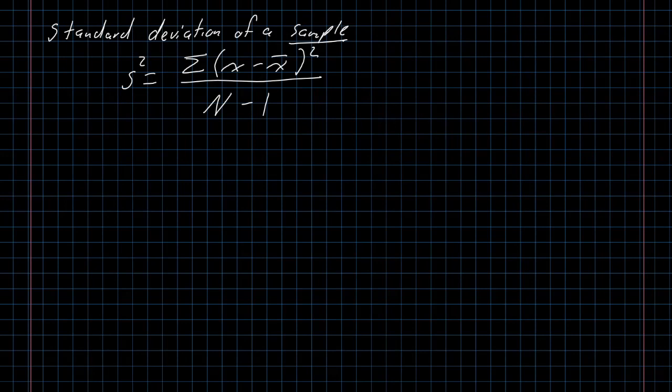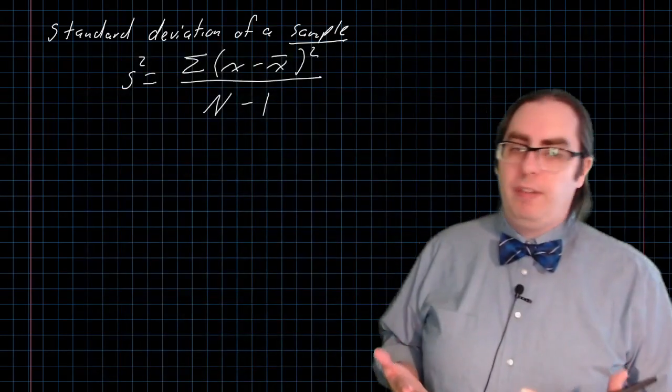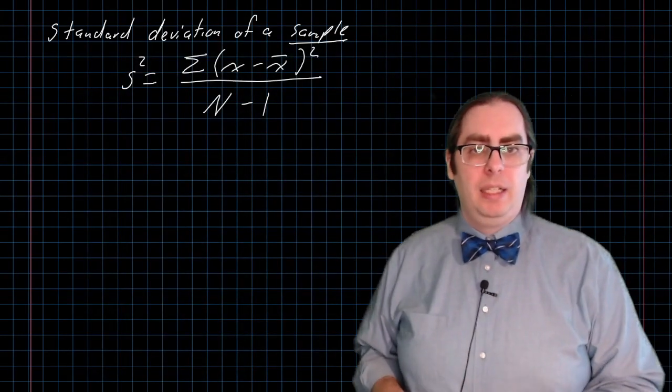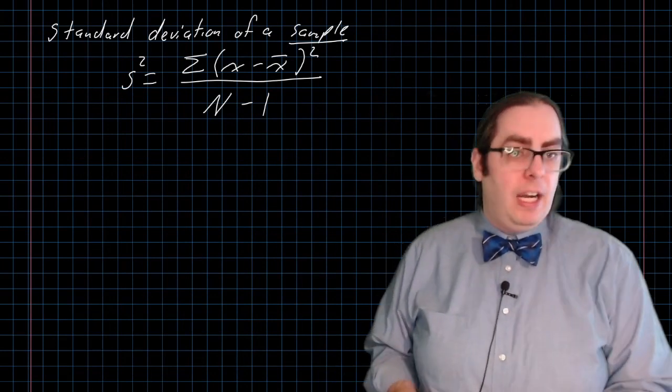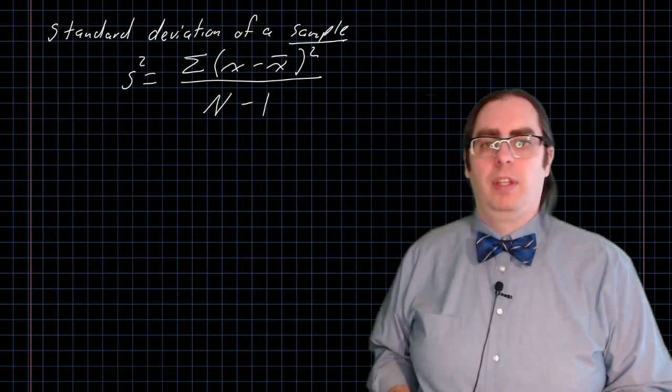And again, the reason that we want to do this is that when we have a sample, we are underrepresenting outliers. And so we want to come up with a way to make the standard deviation a little bit larger. Subtracting 1 here, if you have a small sample, the difference between dividing by 10 or dividing by 9 is pretty significant. The difference between dividing by 5 and dividing by 4 is very significant.